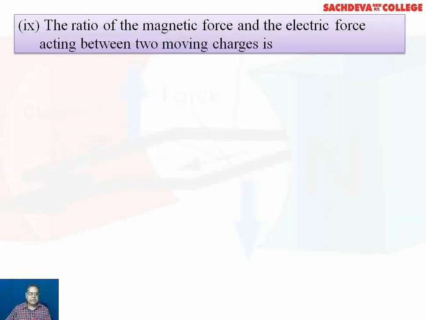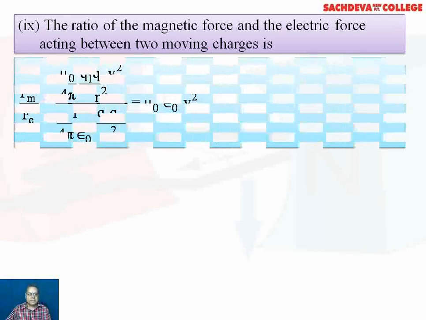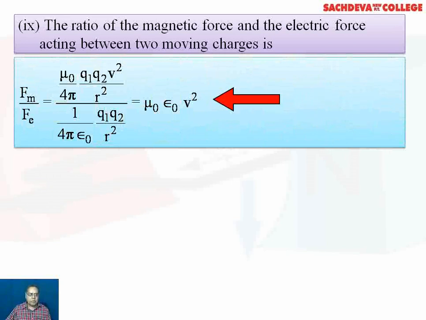Next, the ninth point. The ratio of magnetic force and electric force acting between two moving charges is Fm over Fe, that is magnetic force over electric force. It equals mu naught over 4 pi Q1 Q2 into V square over R square, whole divided by 1 over 4 pi epsilon naught Q1 Q2 divided by R square, which equals mu naught into epsilon naught into V square.